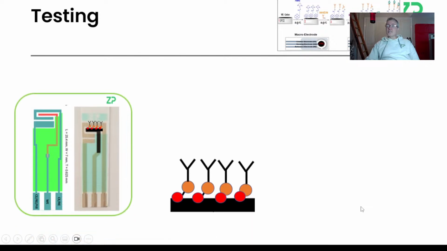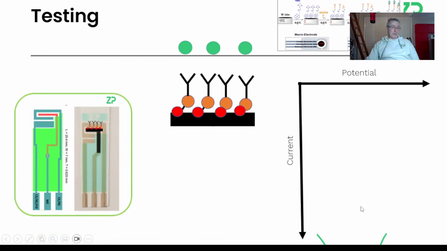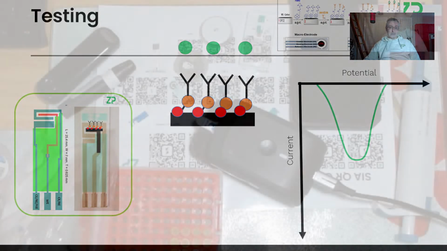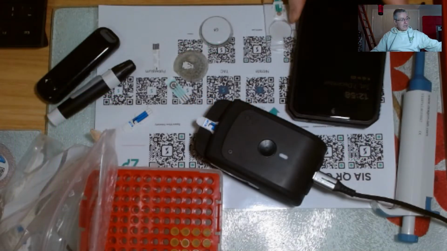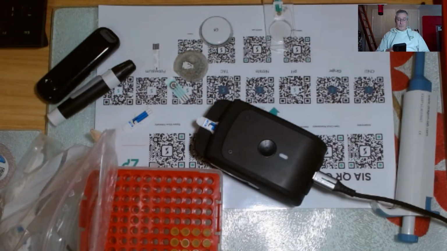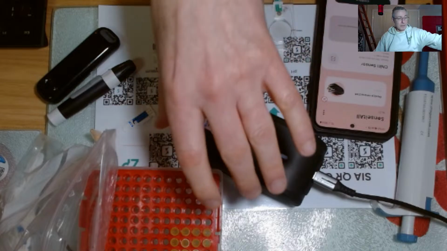And then you can read it using something like differential pulse voltammetry, but I actually prefer square wave voltammetry, which gives me an opportunity to promote this particular potentiostat that I have in front of me. This is the Sensit potentiostat from ZP. We are much more keen to support people on this potentiostat, and it's driven by QR codes.